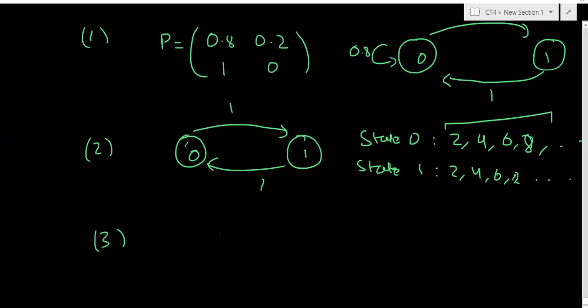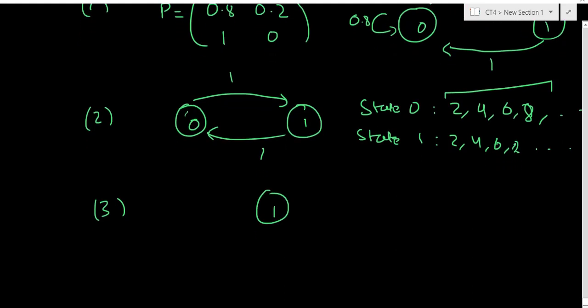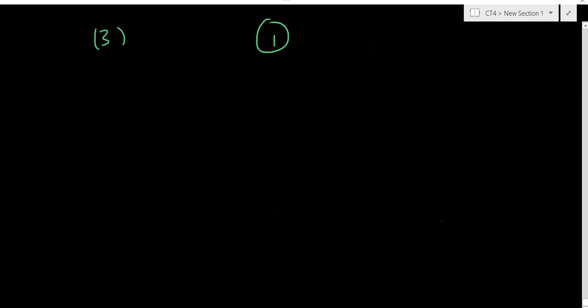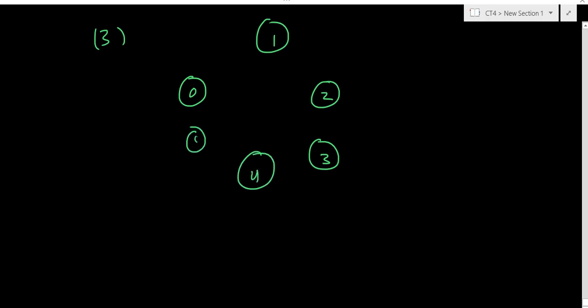Let's check for another example. Let's say you have 5 states: 0, 1, 2, 3, 4 and 5. And all these probabilities are 1.